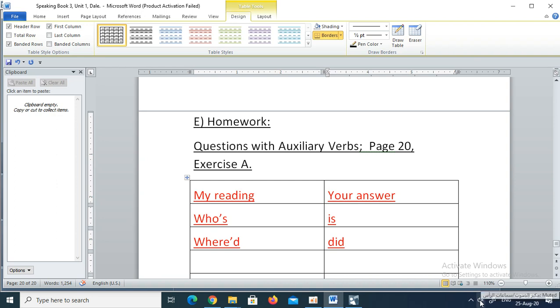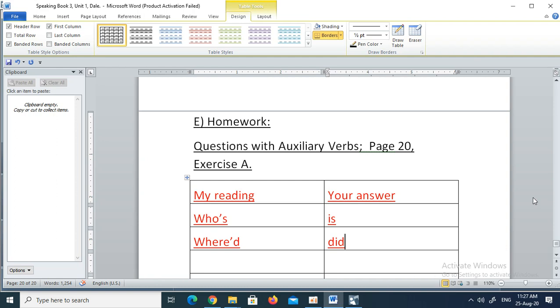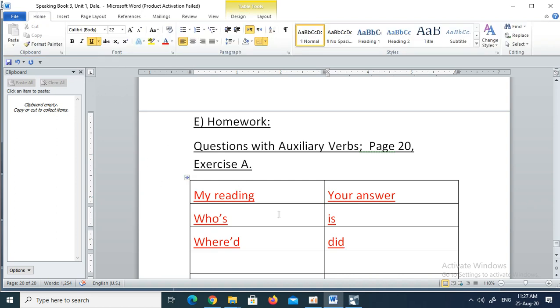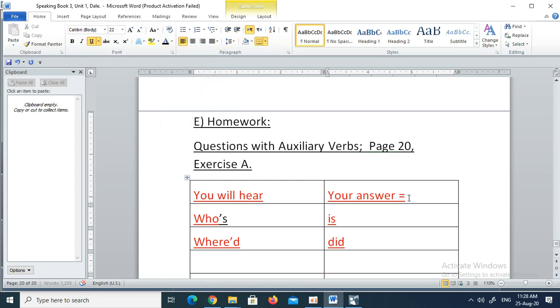I won't read it. I'm going to play it. And I hope it does play over the recording well enough. You will hear the long form. You will hear whose, and you're getting that abbreviated form, and they want you to put your answer, which will be the long form.